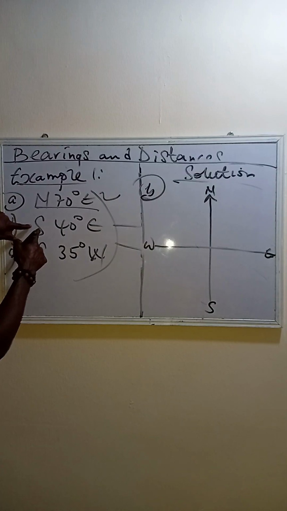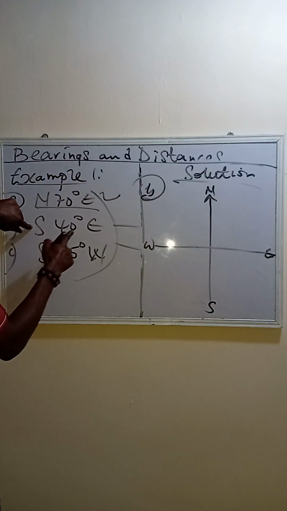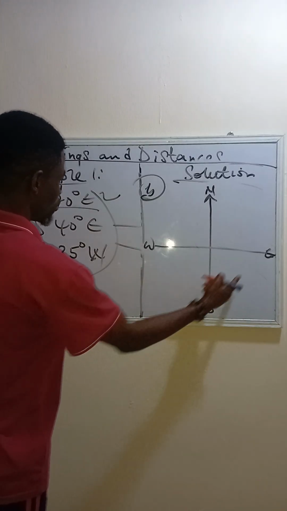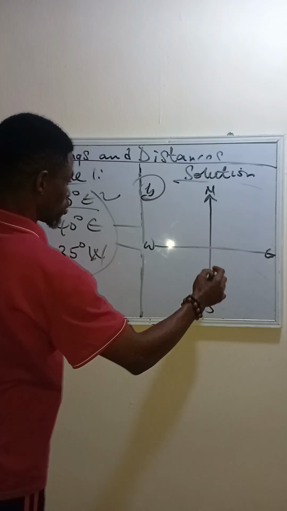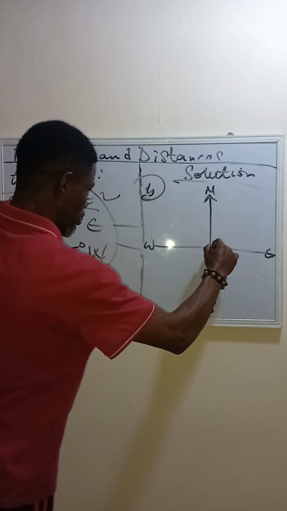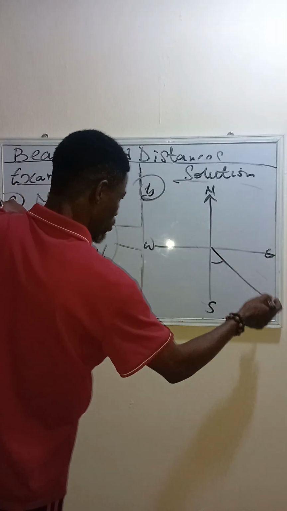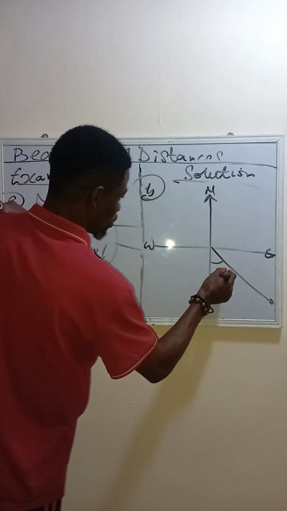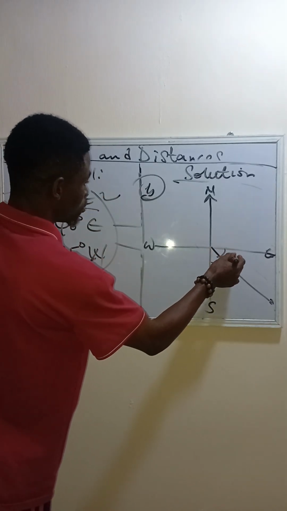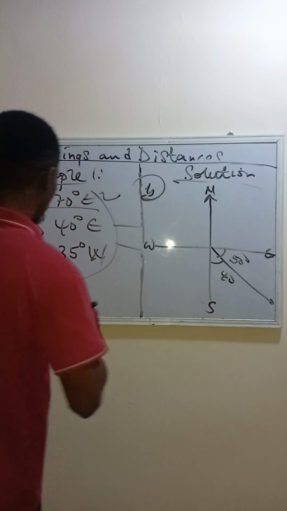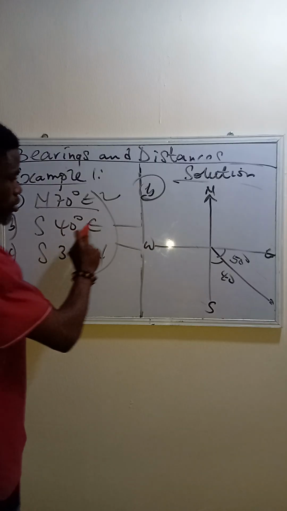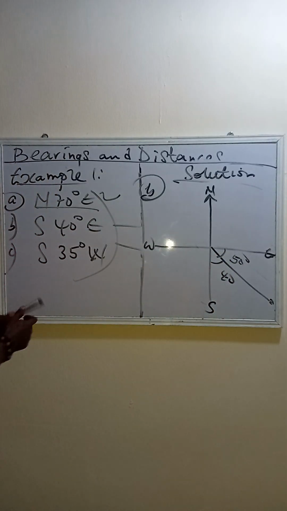Now we have south 40 degrees east, so we come to where south is and draw your 40 degrees like this, then you go down. So there is going to be your 40 degrees, and the remaining angle is going to be 50 degrees. That is how to draw south 40 degrees east.